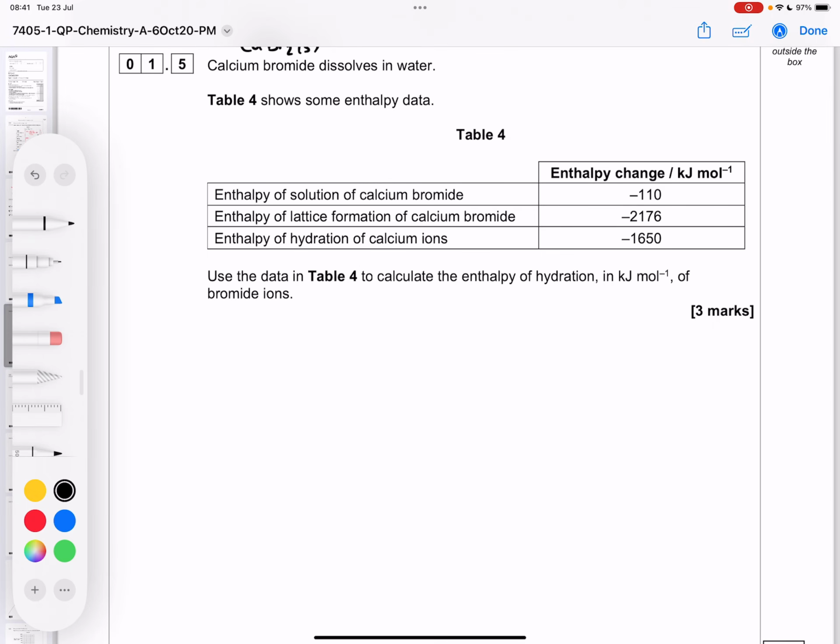Now we've got the enthalpy of solution and the enthalpy of lattice formation. So we could create a cycle here. So the enthalpy of solution is when the solid dissolves into a solution, so it gives us the aqueous ions. And that would have a value of minus 110.